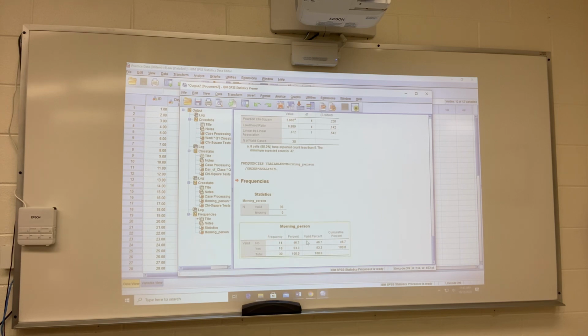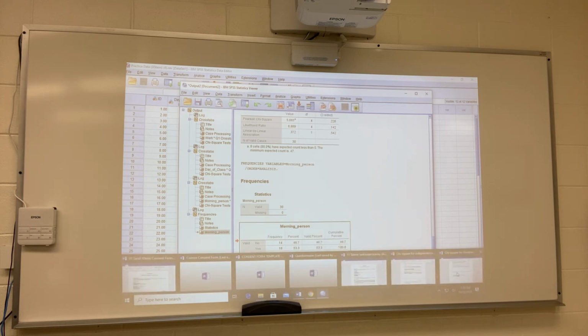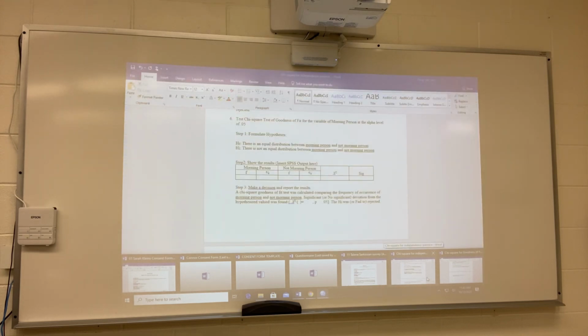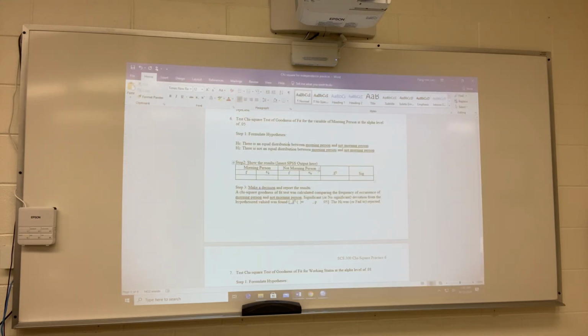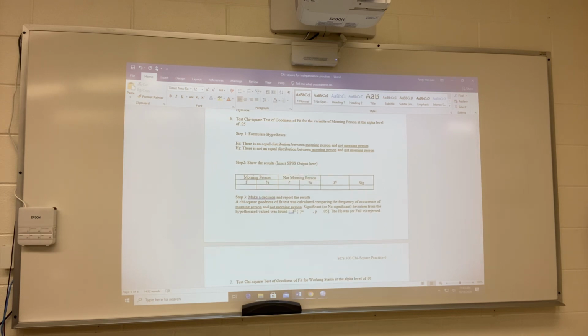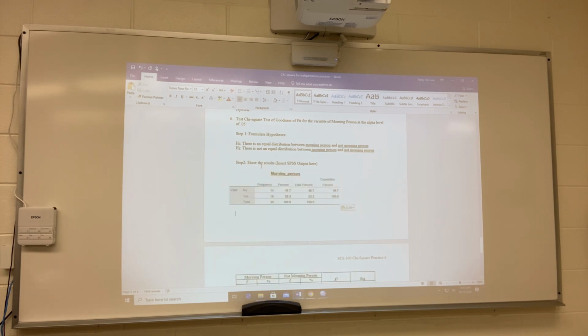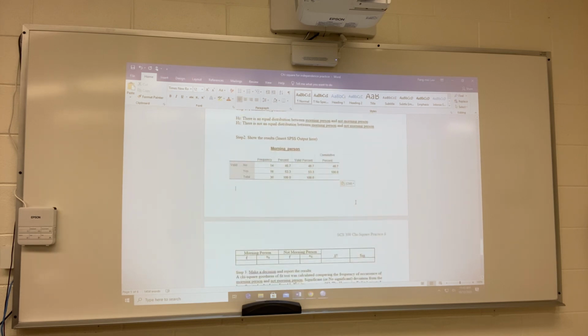So let's copy this table. Just copy the percentage here and go to your Word document, on top of this table. Let's copy this number.